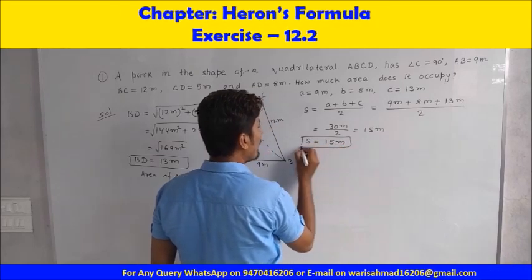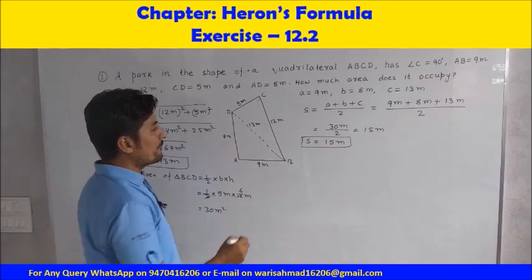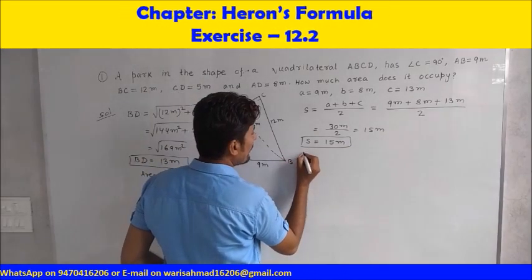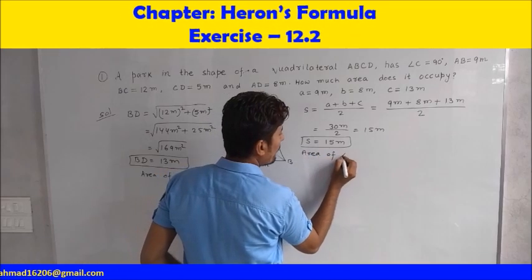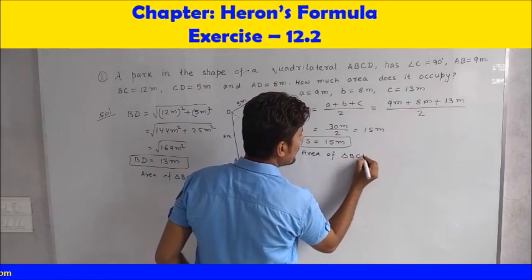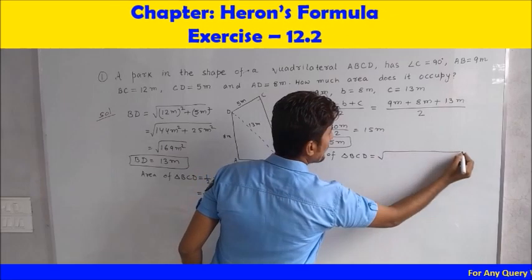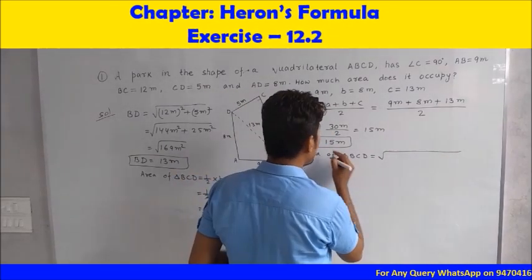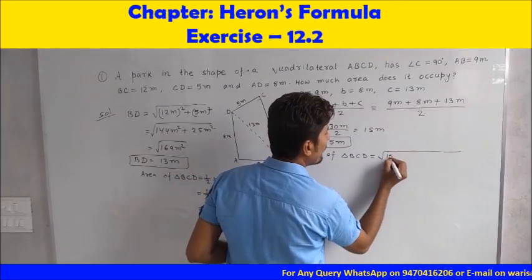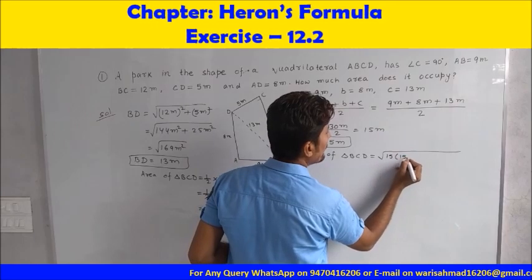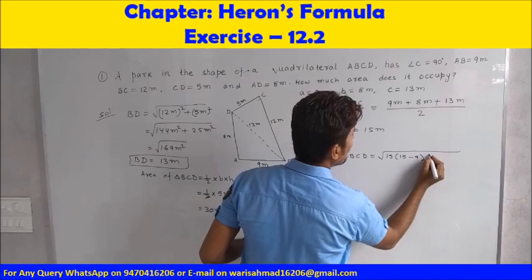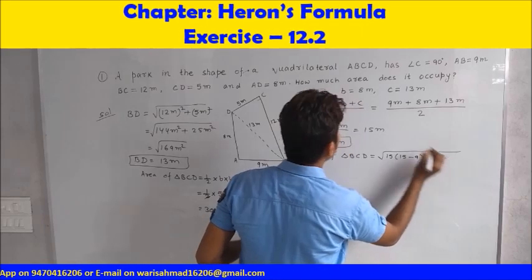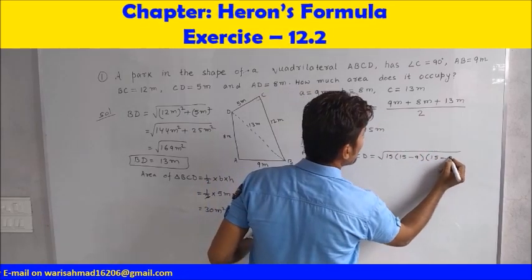After getting the value of S, now we can find the area of triangle ABD. So here we can write area of triangle ABD is equal to square root of S into S minus A, S minus B into S minus C. So the value of S is 15 meter. Now S minus A, 15 minus value of A is 9 meter. Now S minus B, 15 minus B means 8.